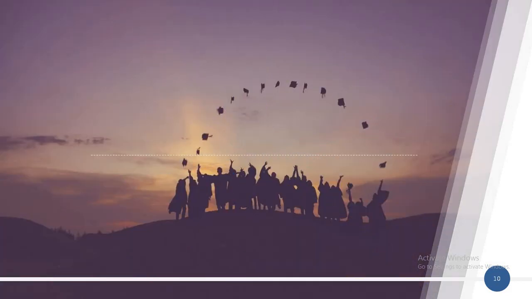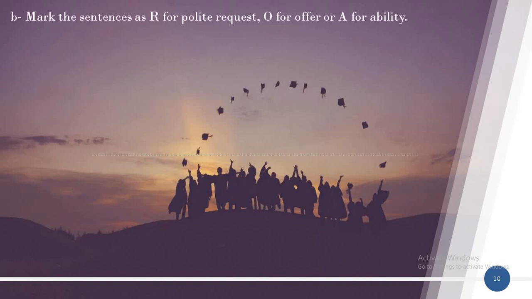Good. Now, let's move to another question. Mark the sentences as R for polite requests, O for offer, or A for ability.